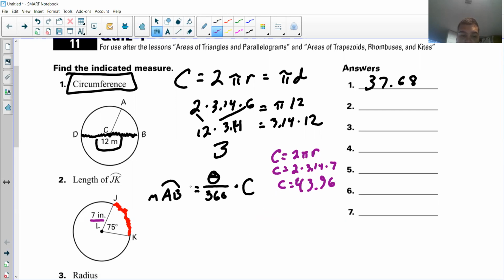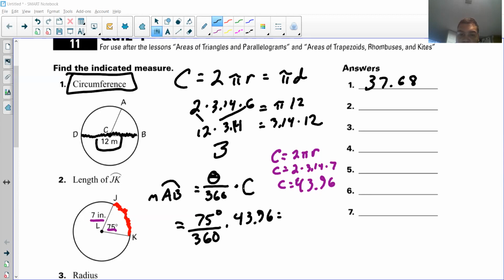So now we have the circumference, and the theta is always that angle. So is it 75 over 360 times 43.96? Excellent. Yeah, we're going to take that and just plug it into the calculator. I'm just going to write it out here so we have it for reference. And I literally just go to my calculator, and then I do times 75 divided by 360.